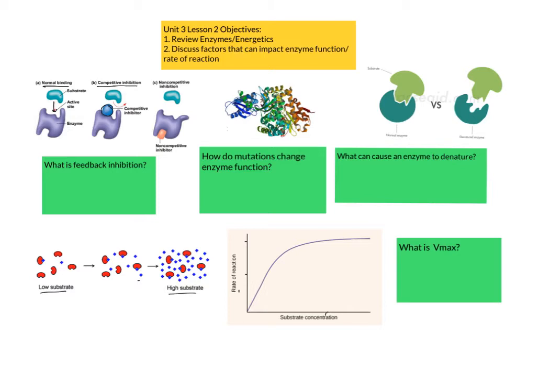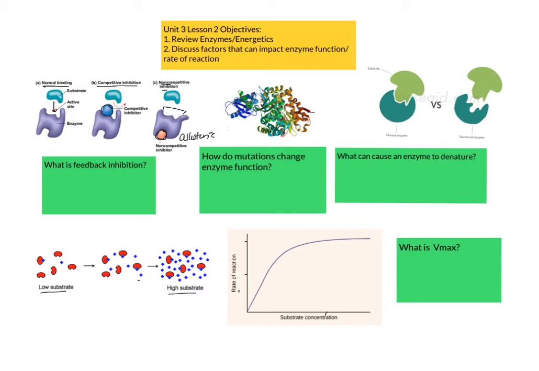The other category of molecule that accomplishes the same thing is called a non-competitive inhibitor. And while the result is the same, the mechanism is different. In this case, the inhibitor molecule doesn't bind to the active site, which again is up here, but instead binds to what we call an allosteric site.